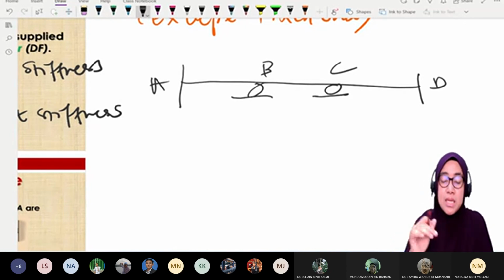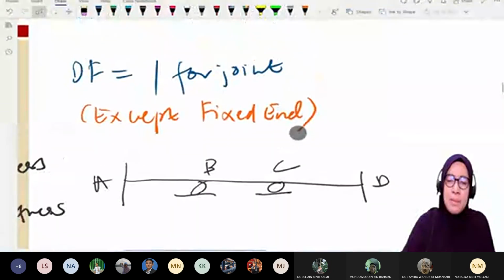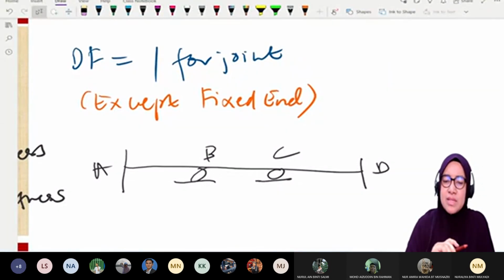A, B, C, D. So this one is the exception, fixed end.